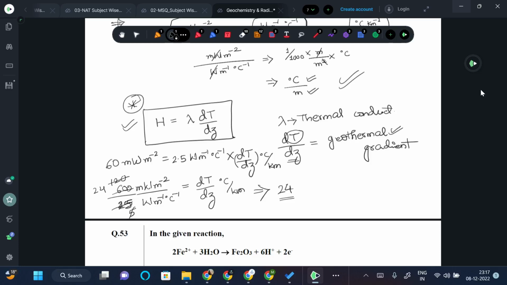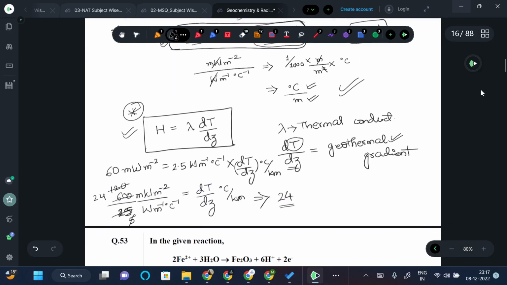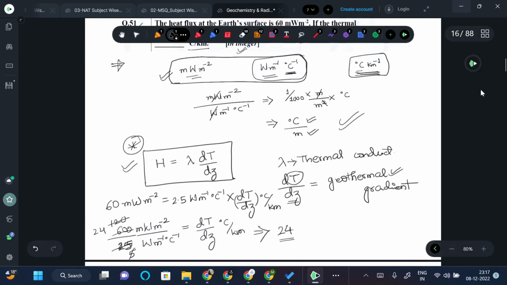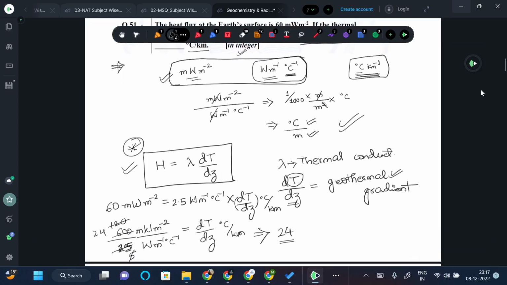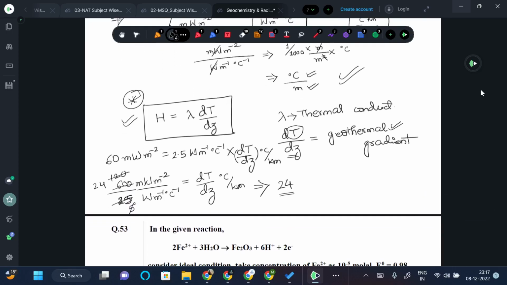just have a look at the units, what units it has given. Sir, we will not multiply anything, because the milliwatt 1000 will be cancelled by the kilometer, 1000. That will get cancelled, right? Because on one side it is in meter and on the other side it is asking in kilometer.